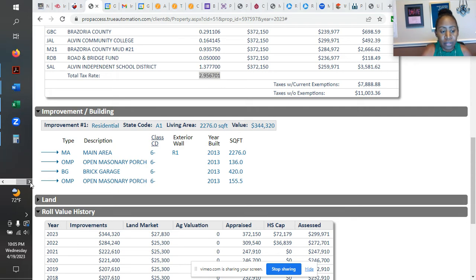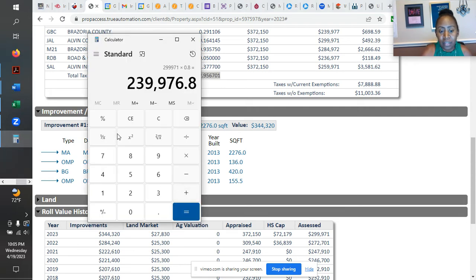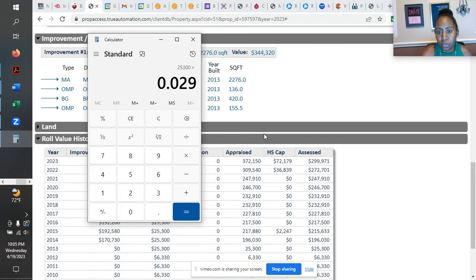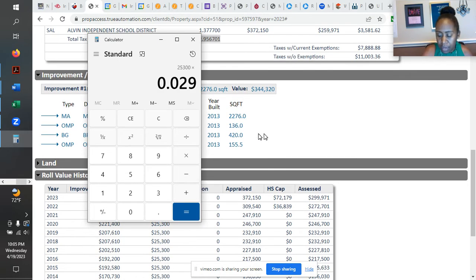So in 2013, the taxes on this house, the land again was valued at $25,300, and the tax rate remained the same at, what was it, 29567.